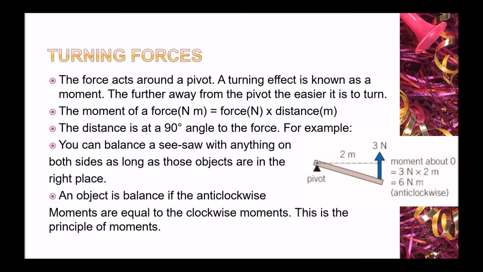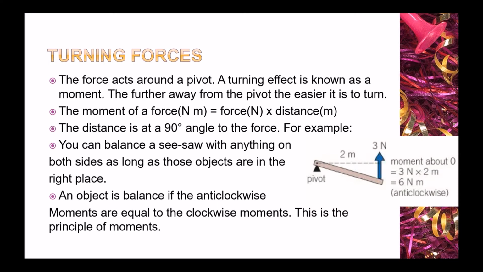So the moment of a force, measured in Newton meters, is force times distance, and the distance is always at a 90-degree angle to the force. For example, in this picture, the distance is 2 meters, not the length of the plank.